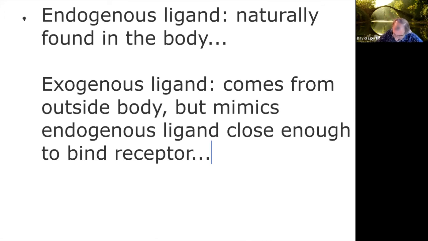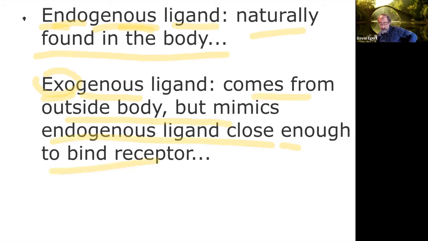So exogenous ligand. This is just from the word endo, within, generated, created within ligand. These are just like serotonin or dopamine or adrenaline or whatever. Exogenous, generated without, comes from outside the body but mimics the endogenous ligand close enough to bind the receptor.